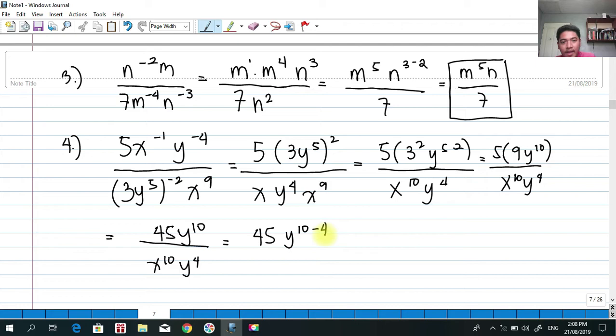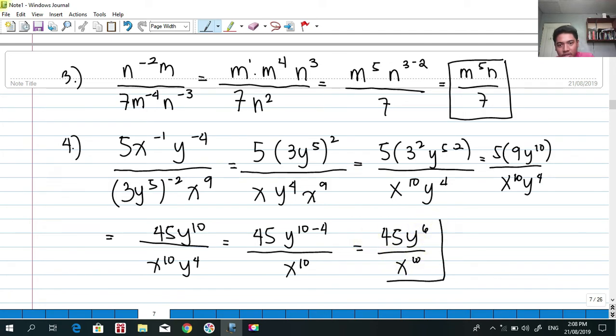So y 10 minus 4 over x raised to 10. So we have 45 y 10 minus 4 is 6 over x raised to 10. So that should be our final answer for this item.